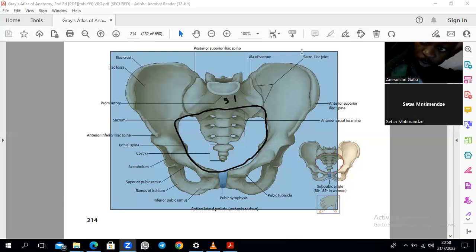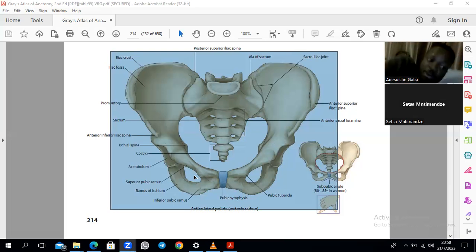So as we're saying, the hip bone is made up of the ilium, the pubis, then the ischium. Then the two hip bones together form what we call the pelvic girdle, just as we are going to have a shoulder girdle. So this is the ilium.